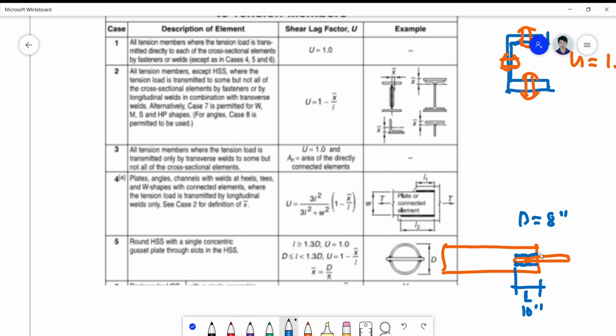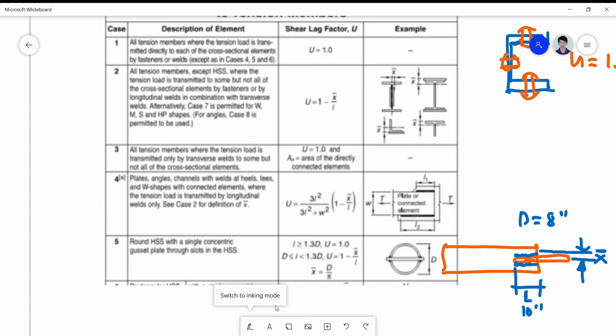Okay, so if this is now the centroid and this is the connecting interface, then X bar is this measure. Okay, so these are normally given on the drawings that you are provided in the design.